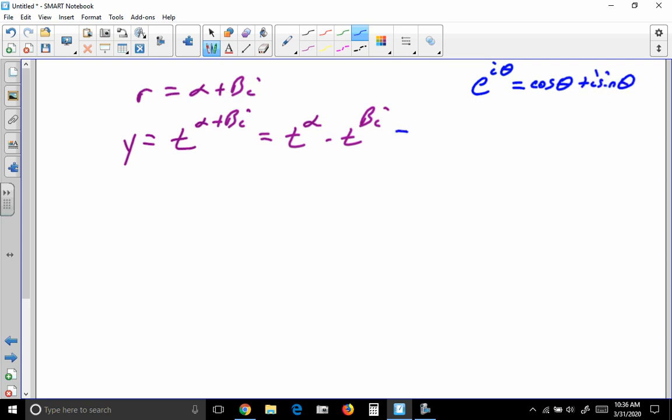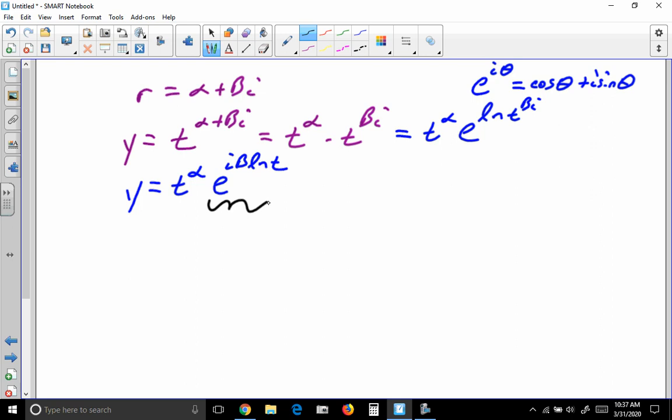Well, we can write this t to the bi as e to the natural log of t to the bi. Remember, when we have e to the natural log, since these bases are the same, they undo each other. So with a little clever algebra, we can move that bi out front. And let's call that, instead of bi, i times b natural log t.